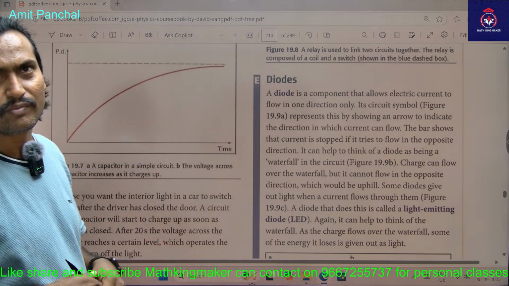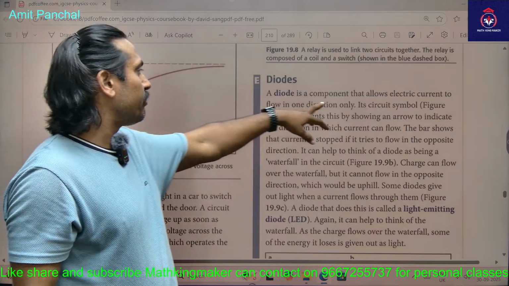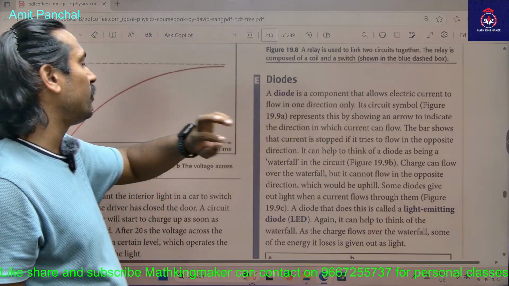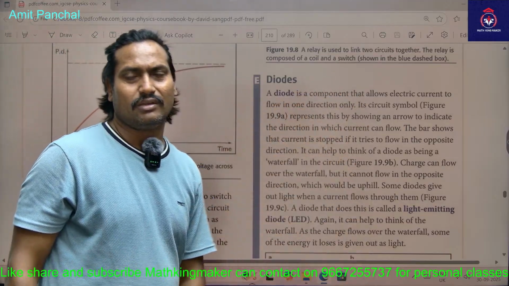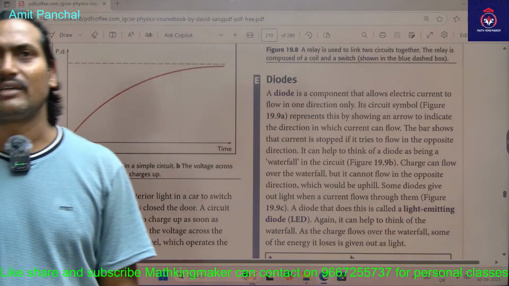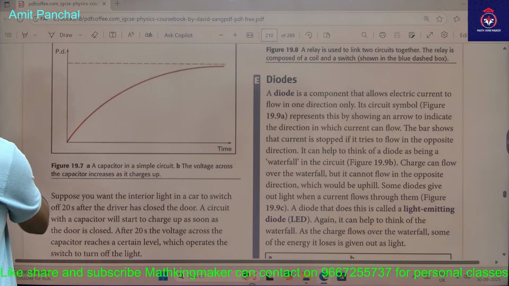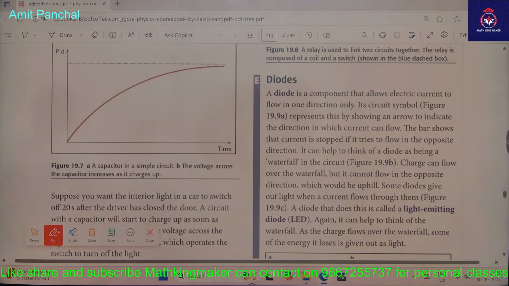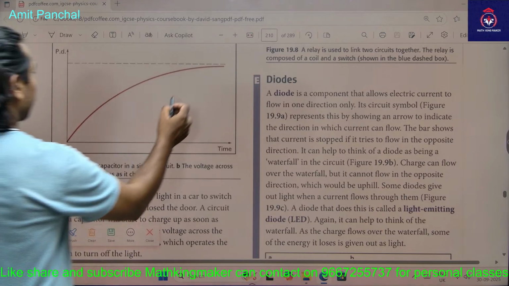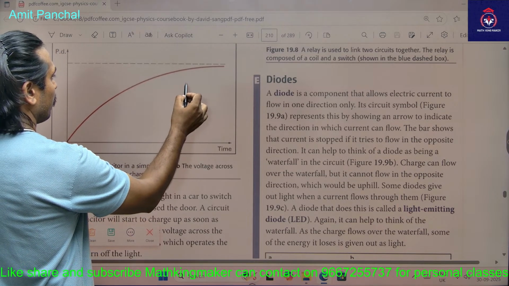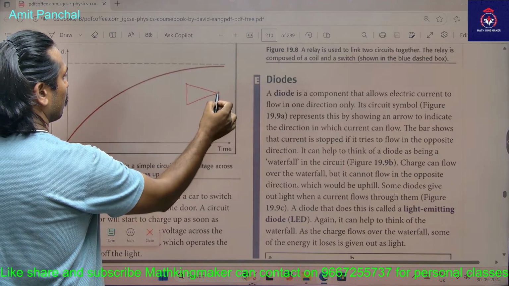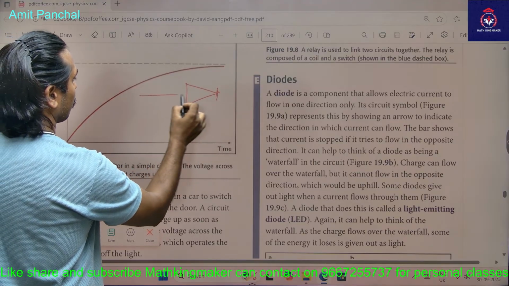A diode is a component that allows electric current to flow in one direction only. Current can't flow in two directions. It can be connected in two situations. That is the symbol of the diode.